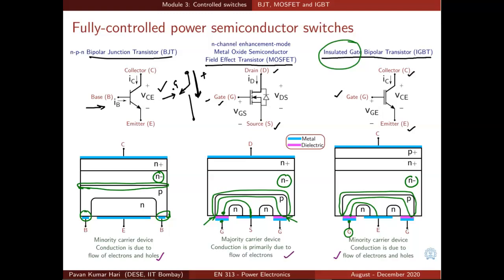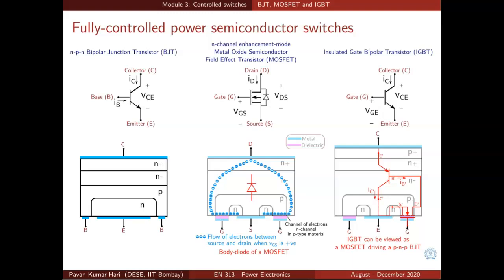So BJT is a minority carrier device because we have minority carriers on either side when the device is conducting, and IGBT is also a minority carrier device. We will see how it is a minority carrier device. And MOSFET is a majority carrier device where only one type of charge carriers take part in conduction.